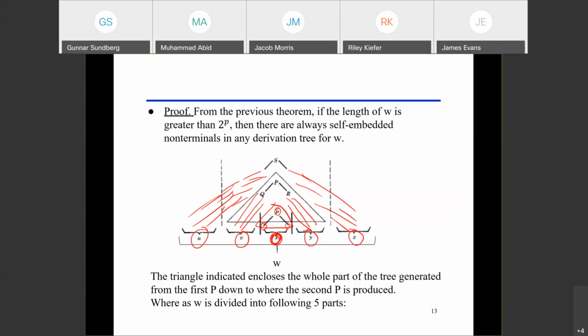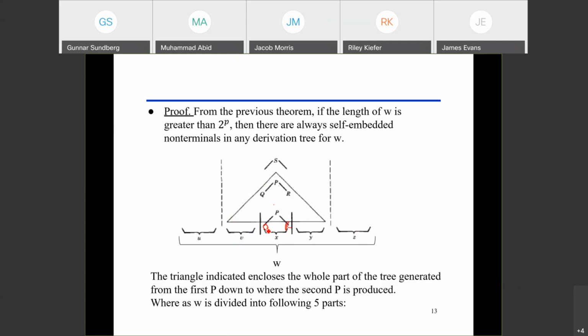You can divide a word into 5 parts. So what you are saying, let me explain this again. We have a word and we divide this word into 5 parts, and we have a self-embedded tree here. The lowest part of self-embedded, it has Q and R here.